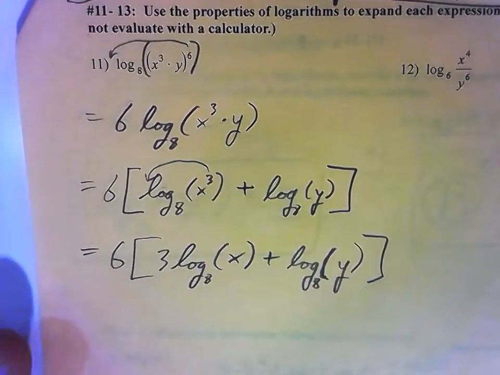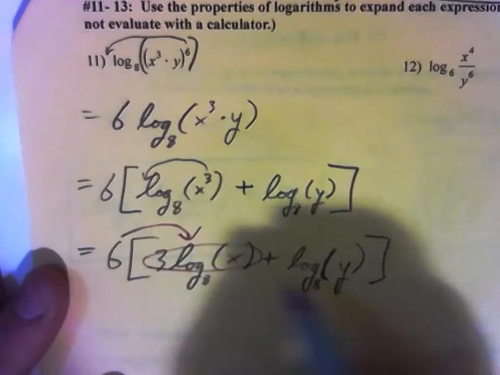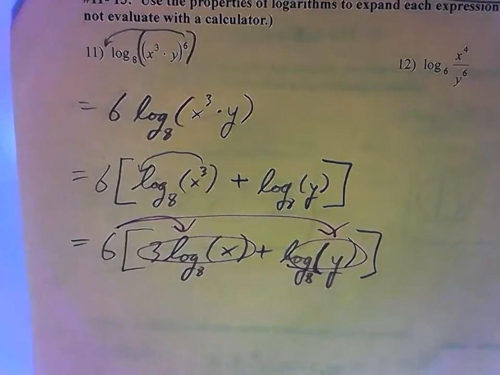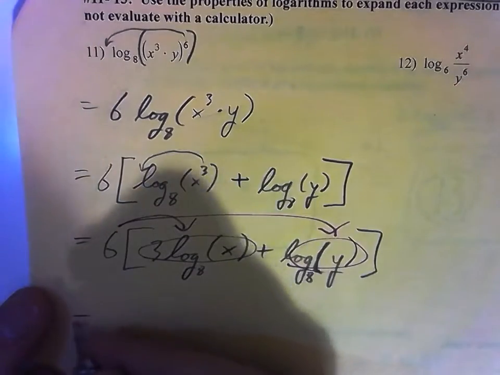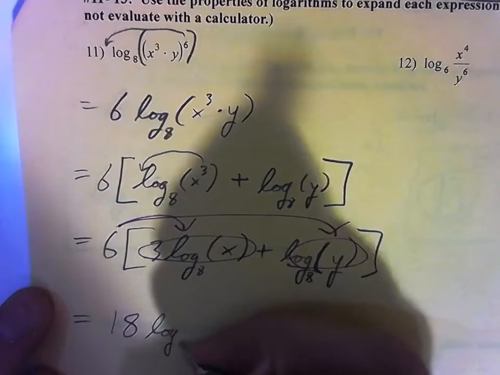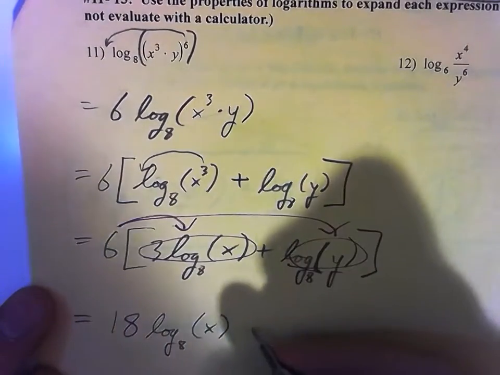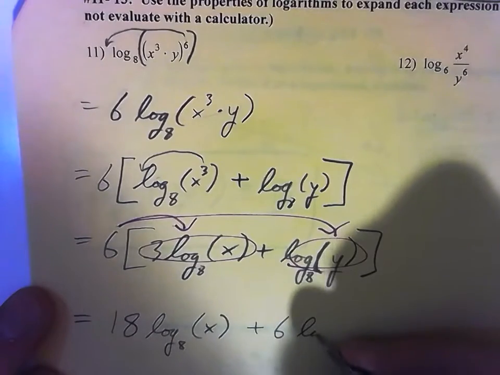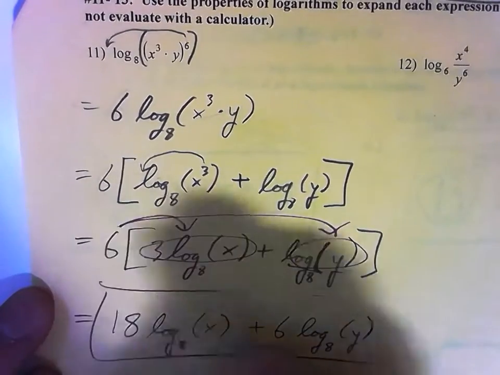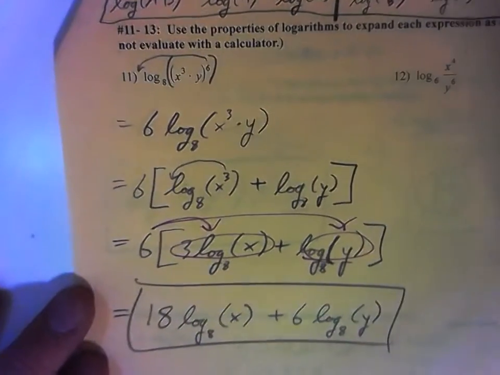And now we got to use distributive property, basic algebra stuff. 6 times that plus 6 times that. 6 times 3 is 18. So we got 18 log base 8 of x plus 6 log base 8 of y. Bam. There is number 11.